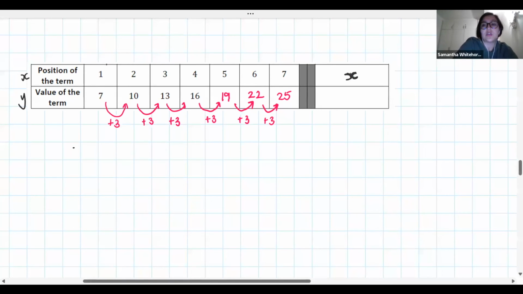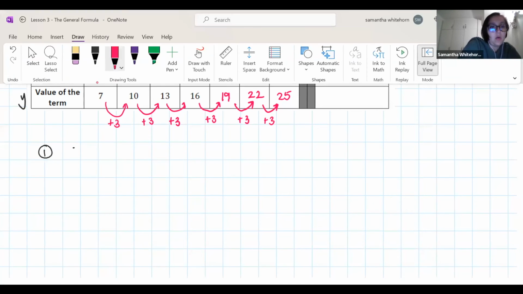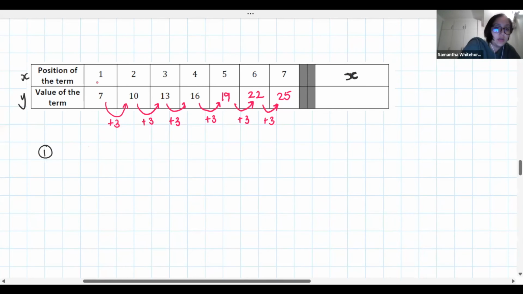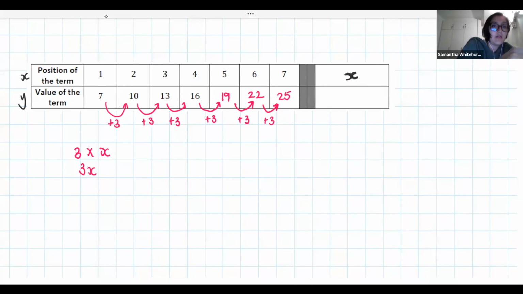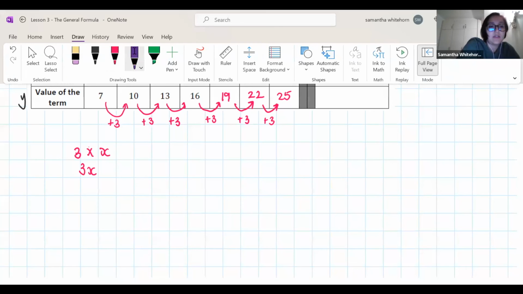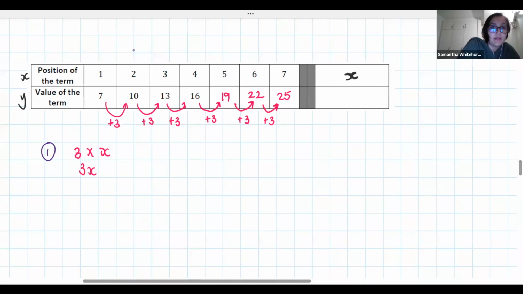Remember our rule, the first thing that we start with is whatever we're adding or subtracting, times by x. So we're going to start with a product of 3x. The next thing that I need to do is figure out how I get from 3x, adding or subtracting what I need, to get my output.